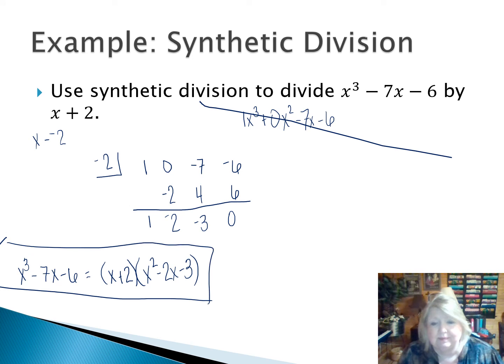That's my solution. So synthetic division does not always work, but when it does, it is the quickest way to divide polynomials.